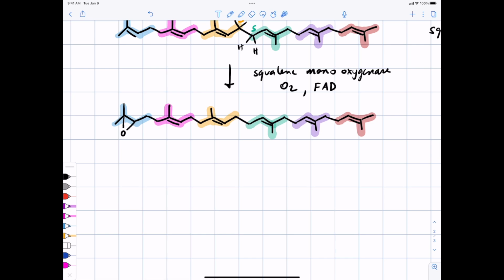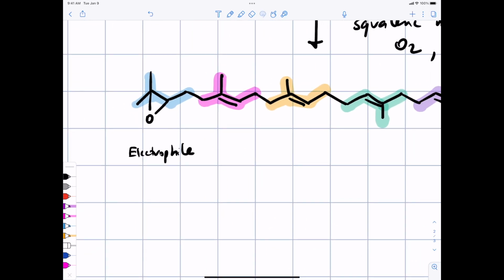So, you have on this portion of the molecule an electrophile, and you've got built into it nucleophiles. Now let's just think about regioselectivity and plan ahead. The epoxide gets protonated.